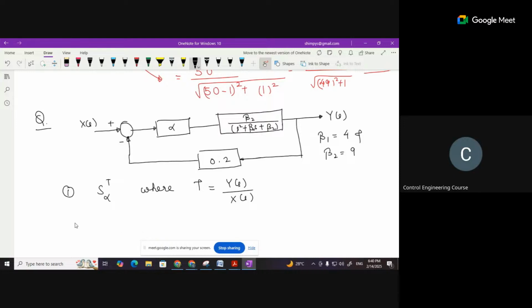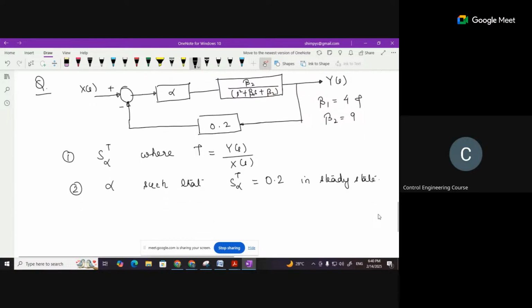Also, we have to find out alpha such that S alpha, the sensitivity with respect to alpha, equals 0.2 in steady state. Is the question clear to all of you? Then we'll proceed further.